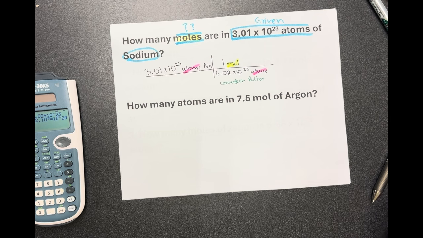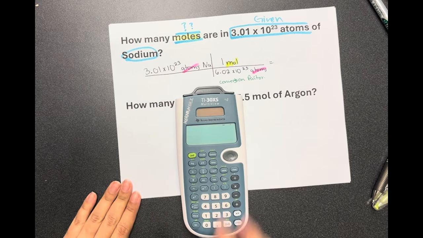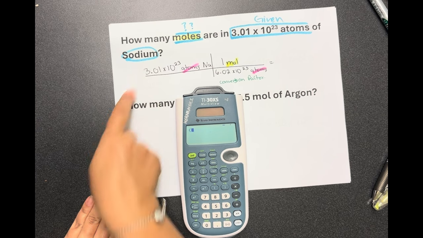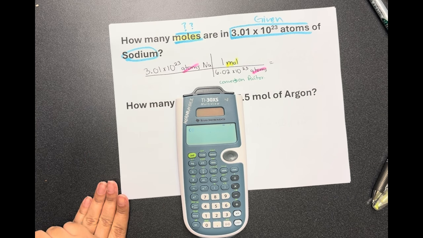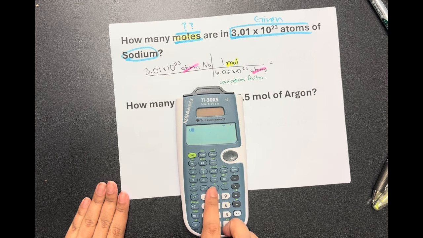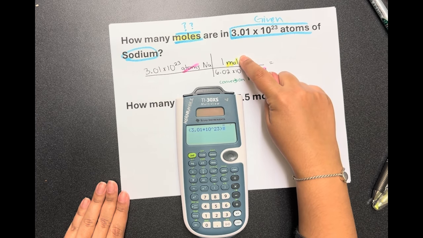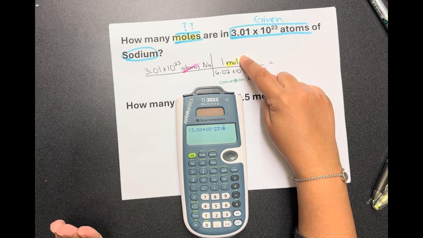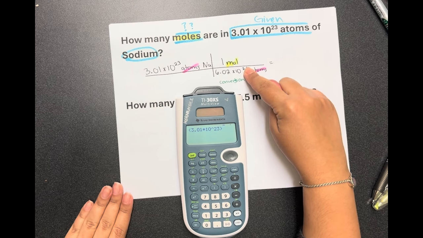Now I need to get my calculator. Okay, so I'm going to put my scientific notation, my first number, in parentheses. So I'm going to put open parenthesis, 3.01 times 10 to the 23, close parenthesis. If the number's in the top, you multiply, so times 1, which gives you the same answer. If the number's in the bottom, you divide.